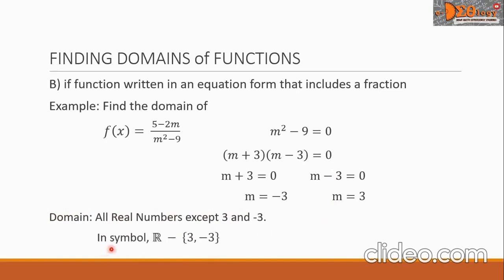In symbol, we can write like this: R to represent all real numbers, then minus the values 3, negative 3 inside brackets. This is our final answer.